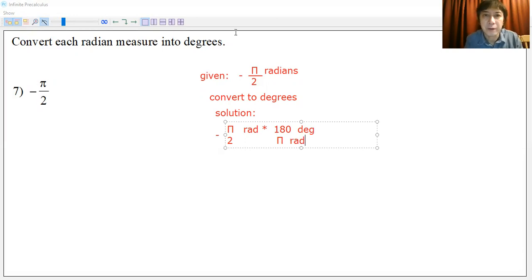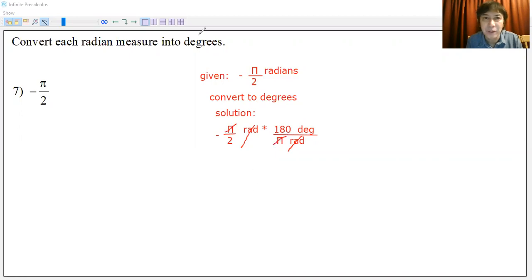This is our conversion factor, 180 degrees per pi radians. You can see that radians cancels out with radians, also the numeric pi and the pi.